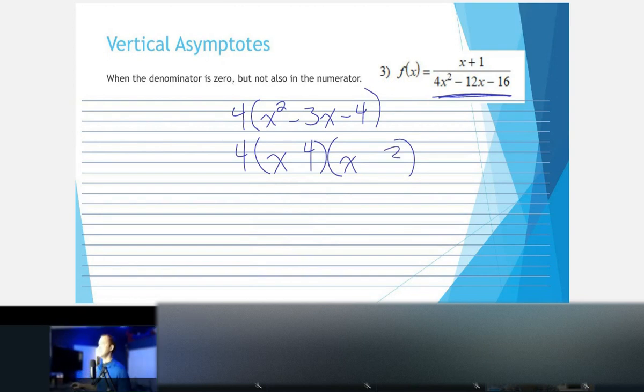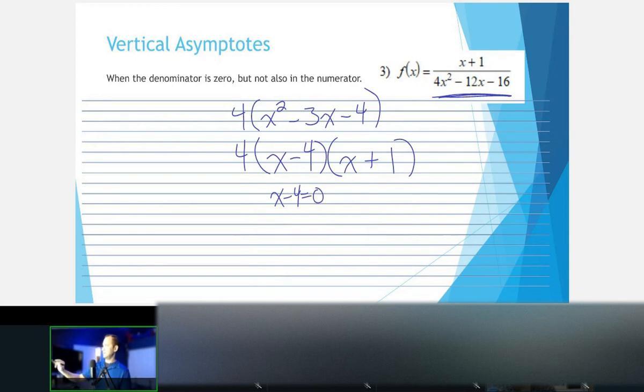Just kidding. A 4 and a 1. And it looks like the 4 has to be negative. Yep, -4 plus 1 is -3, and -4 times 1 is -4. Then we set the factors equal to 0.